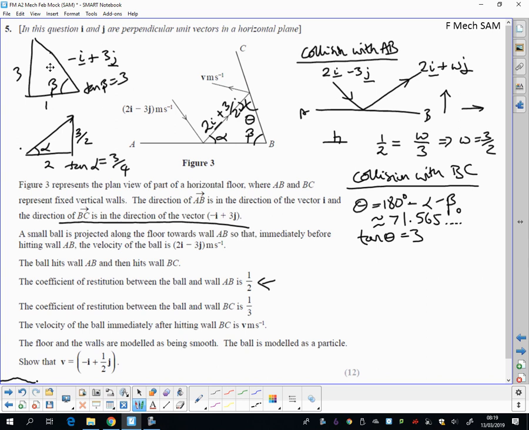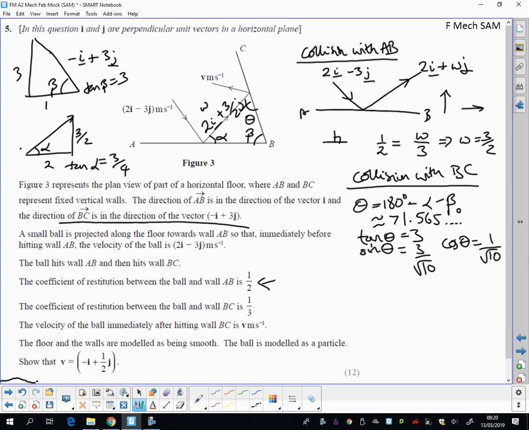Once we know tan theta is 3, your calculator is actually accurate enough to do that, or you could work it out for some triangles and some trig. But once you know tan theta is 3, we can also get that sine theta is 3/√10, and cos theta is 1/√10. That's quite easy to do using a right angled triangle. What else do we know about our velocity here?